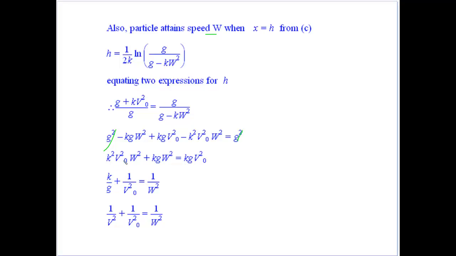Things start to cancel out, so be careful when you do all that division. We get k on g plus 1 on v0 squared equals 1 on w squared when we've divided everything through there. And k on g is the same as 1 on v squared. So that's where we get our expression 1 on v squared plus 1 on v0 squared equals 1 on w squared. That's a bit of work.